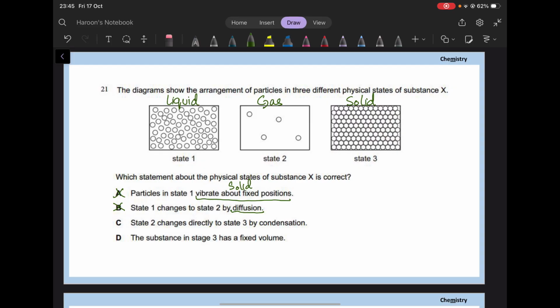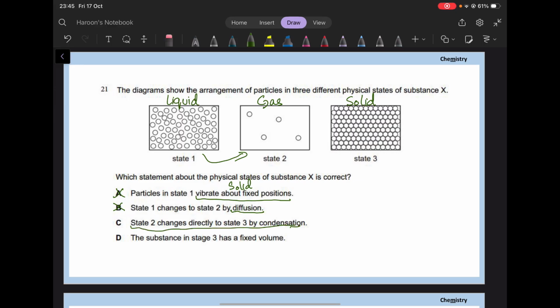State 1 to state 2, this change in state is from a liquid to a gaseous state. Liquid to a gaseous state is evaporation or boiling, by the way, just letting you guys know, although that has nothing to do with this question. State 2 changes directly to state 3 by condensation.